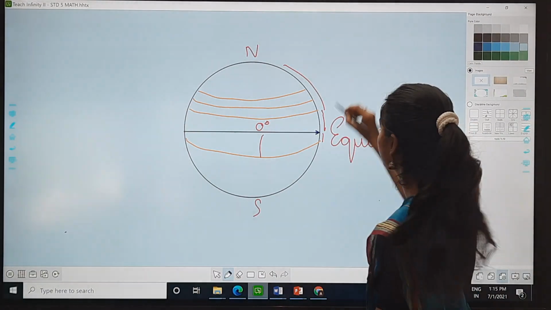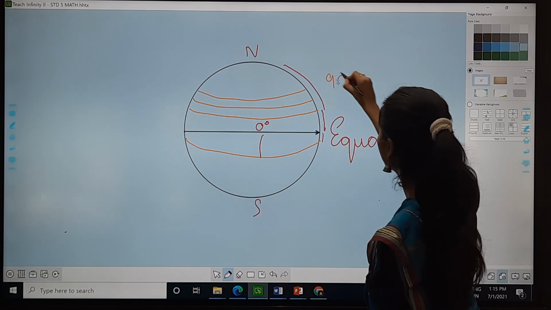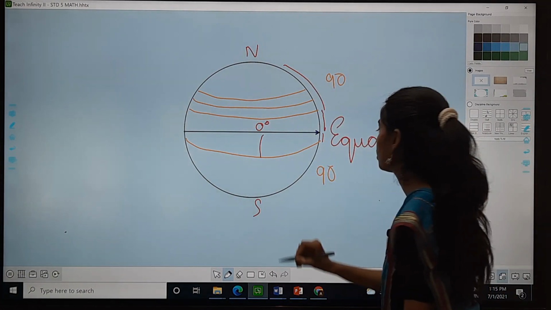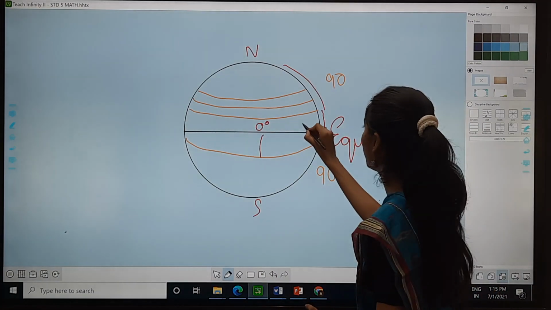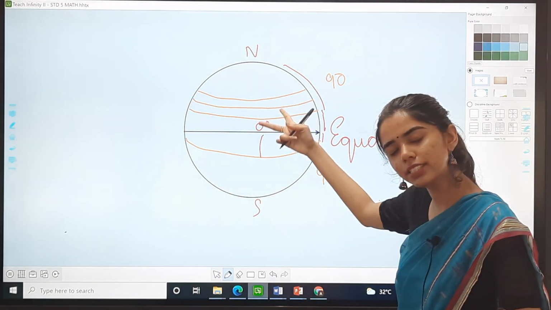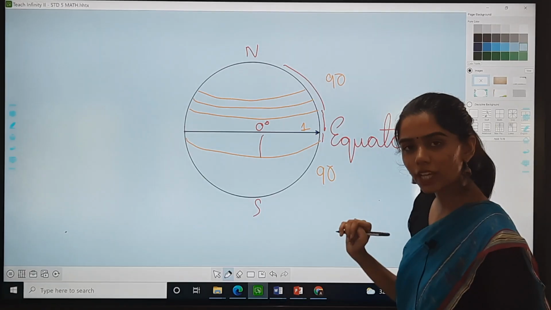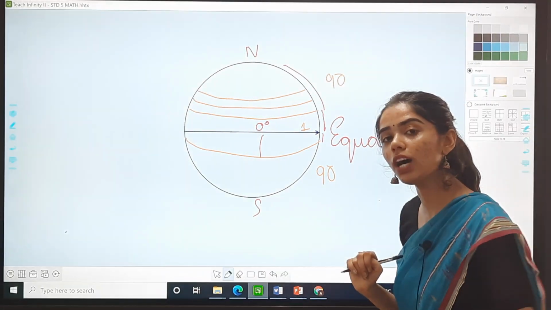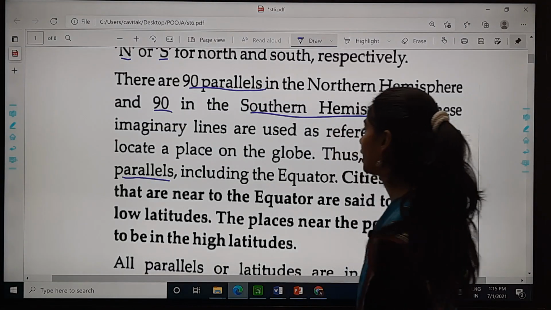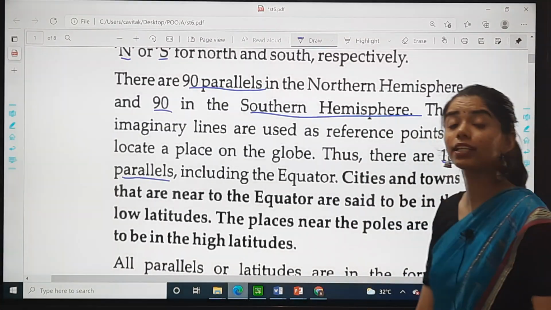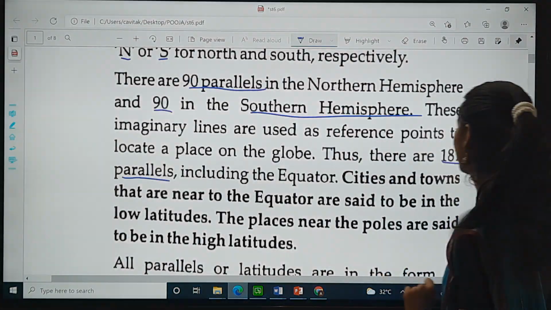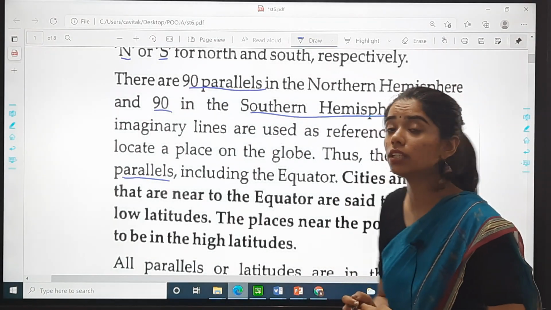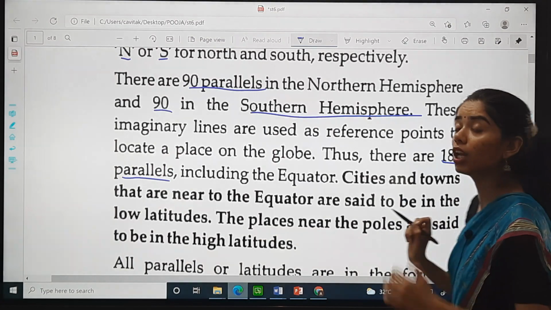How is it 181? 90 are in north, 90 in south and 1 is for equator. Okay, 90 of north, 90 of south and 1 is for equator. So total is 181. That is why there are 181 parallels.